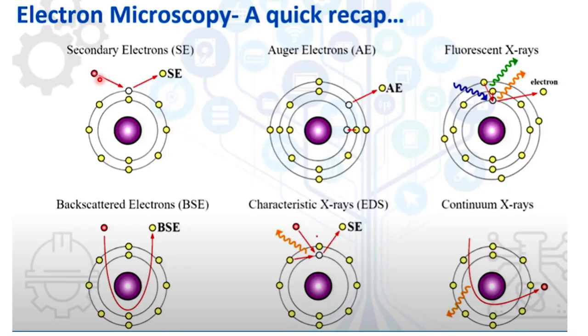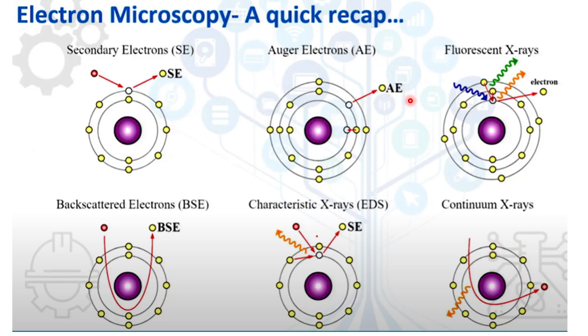This is the incident electron, and it is knocking out another electron, that is the secondary electron. The next is the Auger electron. We have also discussed how Auger electron is generated. Basically, after knocking out an inner electron, to fill up that vacancy, another electron from a higher orbital comes down. So this is the higher energy electron that comes down, and to make the energy balance, another electron will be released.